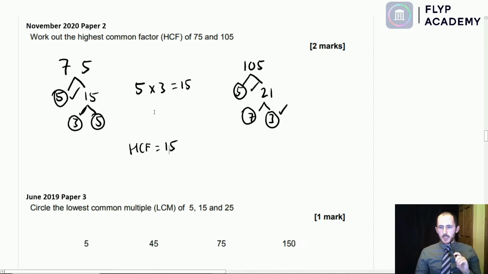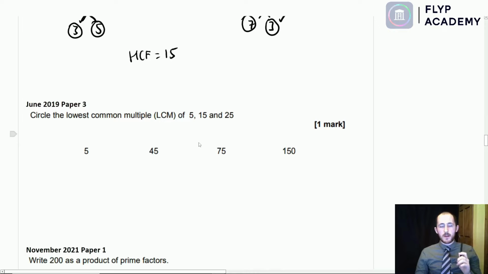Lowest common multiple: there are a couple of ways to do this, but for this one we're looking for the smallest number that appears in the 5, 15 and 25 times tables. So it's one of these numbers. Well, I know it can't be 5 because 5 is smaller than 15 and 25. It can't be in its times tables. Okay, let's look at 45.